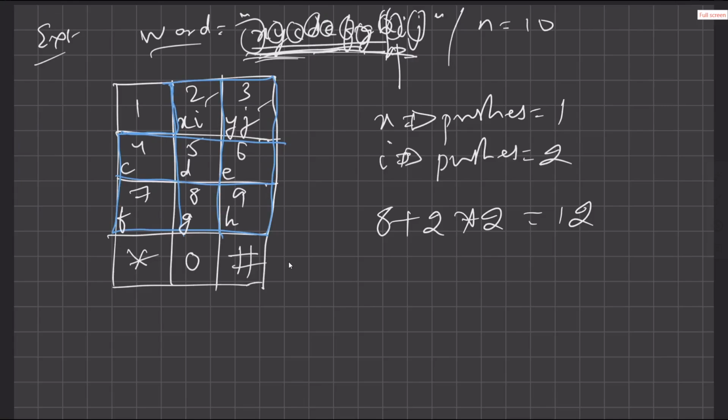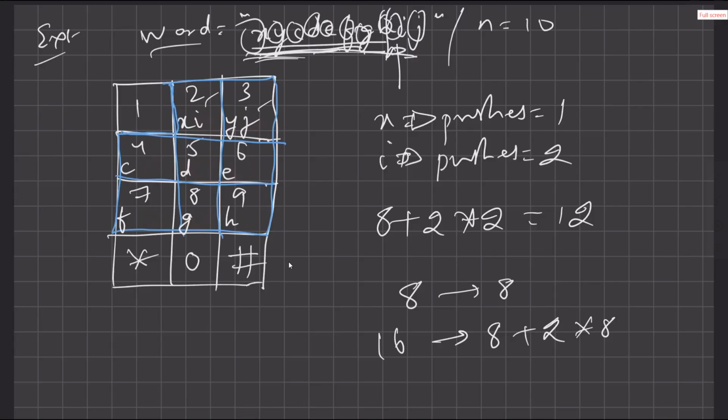Let's say you had just 8 characters, so your answer would be 8 because you can place all 8 characters across the keypad. But if you had, let's say, 16 characters, then your answer would be 8 plus 2 into 8, because 8 characters you'll be placing across the board, and the remaining 8 characters you'll be placing at the two-push positions across the board.